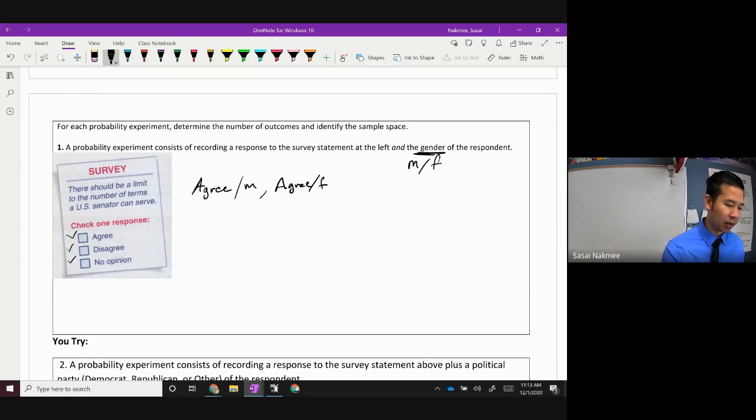What are the other options? They could disagree and be male. They could disagree and be female. They could have no opinion and be male.